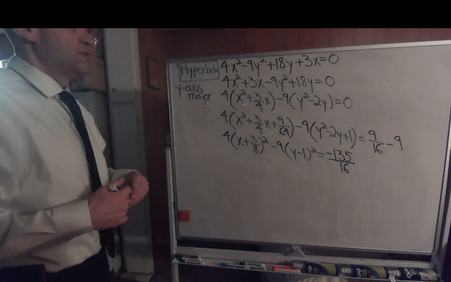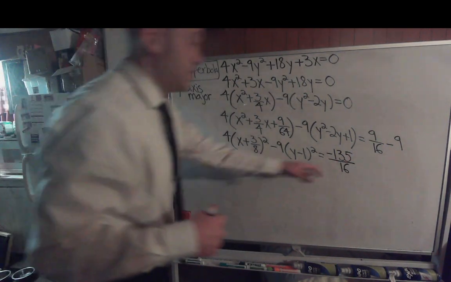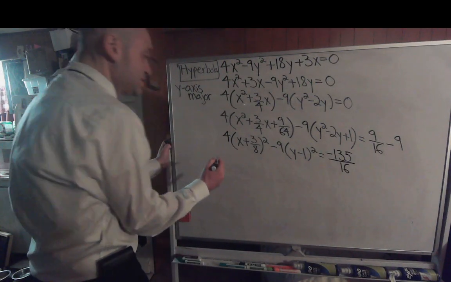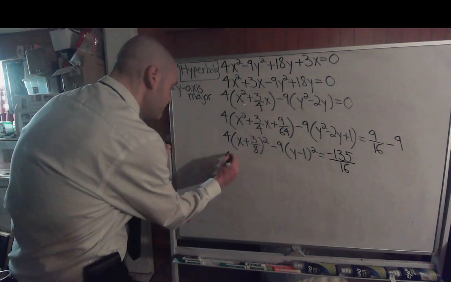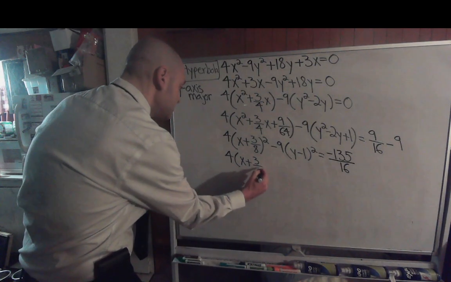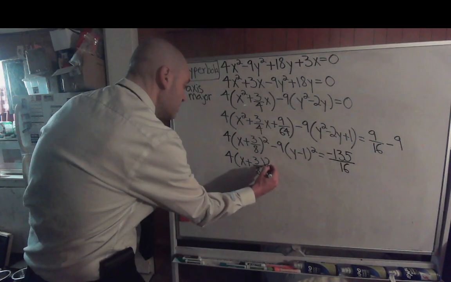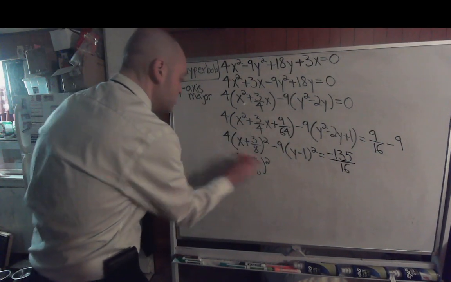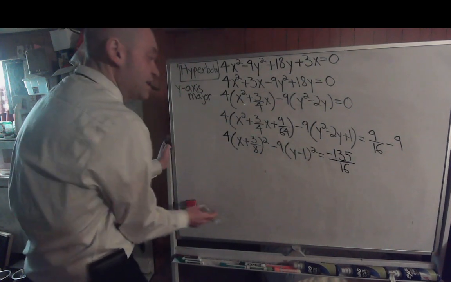Let's go through and divide both sides by negative 135/16. So you would get 4 over x plus 3/8 squared. Actually, this is going to flip around here. Remember, we're dividing by a negative.